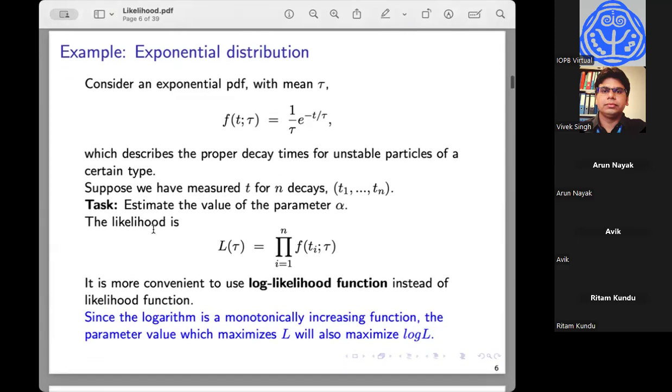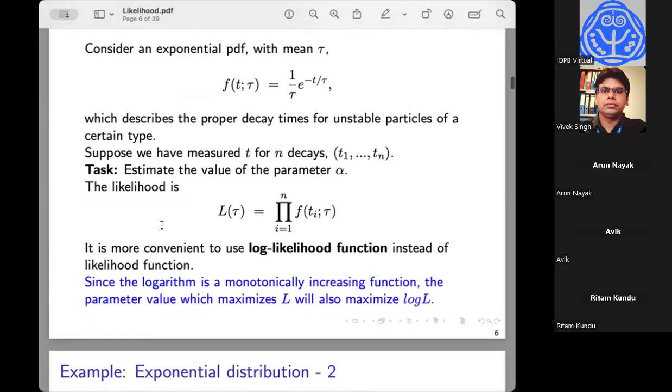Now you can define the likelihood for tau as the product of the probabilities. Since the functional form is known, you can actually do this maximization analytically in this case. As we saw in the previous slide from the plots, instead of the likelihood, it is convenient to maximize the log likelihood, because the likelihood function is a product of the probabilities.